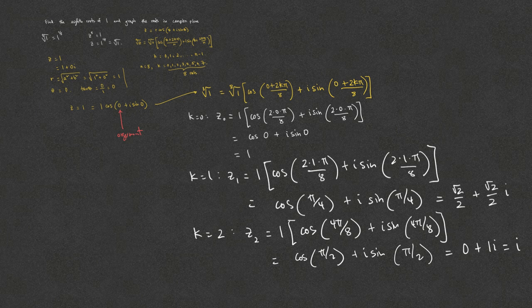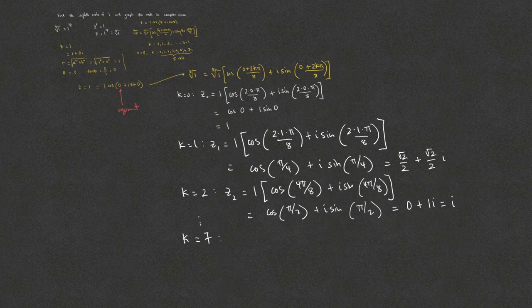If we keep doing this, replacing k equals 1, 2, all the way to k equals 7. Remember that we start with k equals 0 and we end up with k equals 7. z sub 7, which is the last root, is 1 times cosine of 2 times 7 is 14, 14 pi over 8, plus i sine of 14 pi over 8. k is 7, so 2 times 7 is 14.